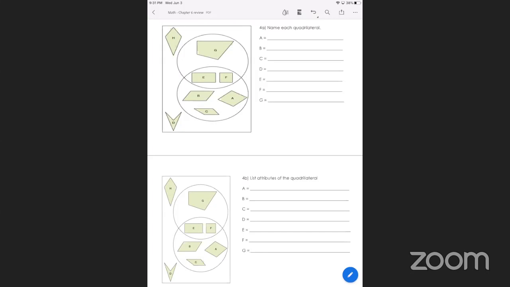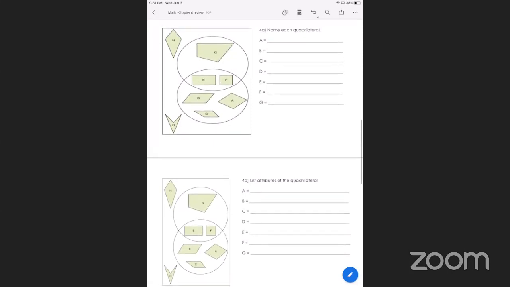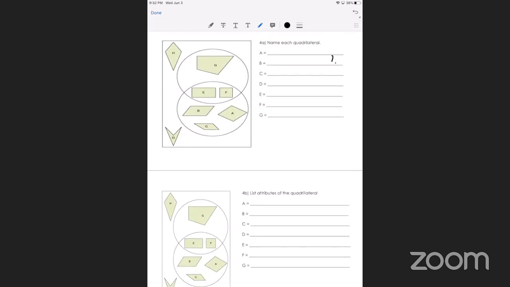So A is a diamond, and we'll write that down here.